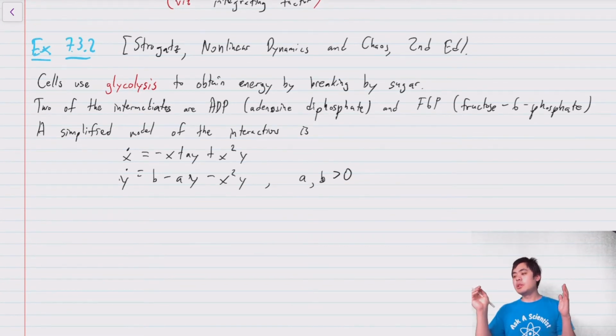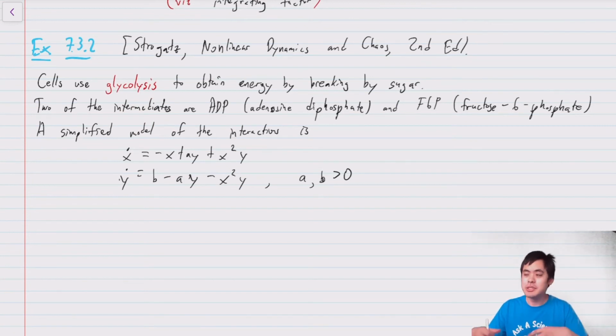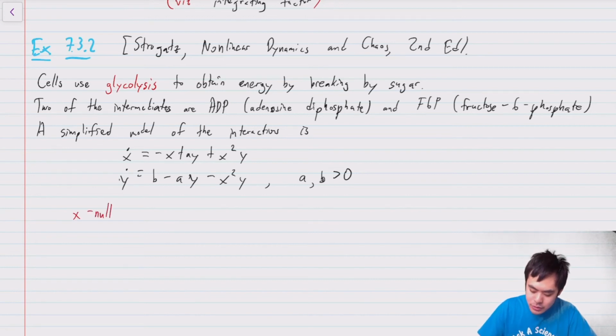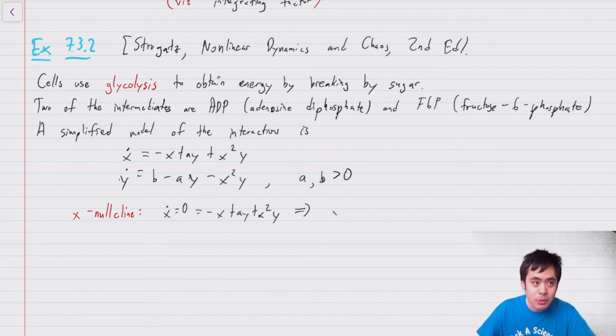Now we need to take a moment and use all the techniques that we have been studying for the last couple videos, and use x and y nullclines to understand the behavior of the phase plane. We start with the x nullcline. This is the set where x dot is equal to 0. So x dot equals 0, which is minus x plus a y plus x squared y, which implies that the x nullcline is y equals x over a plus x squared.